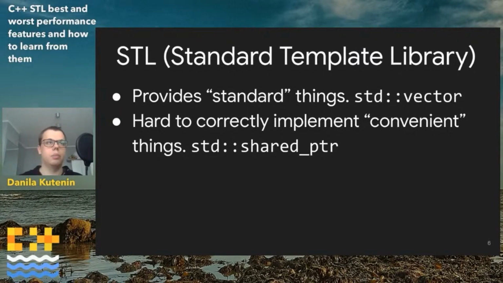On the other hand, not all people can implement it correctly. If you go into details of how shared pointer is done, there is lots of complexity behind it. So in summary, the standard library provides standard things and sometimes hard-to-implement things.